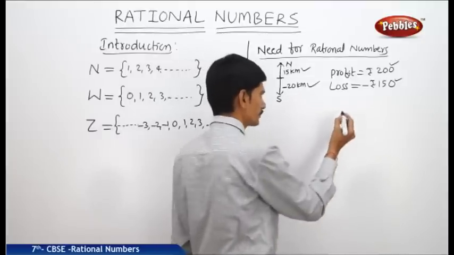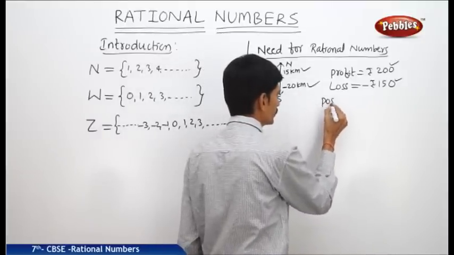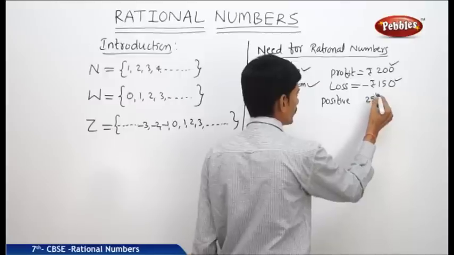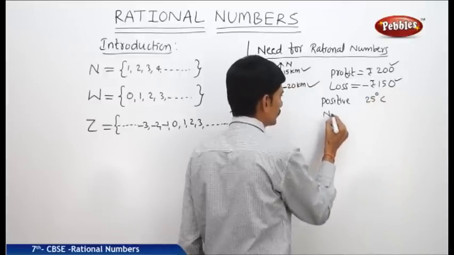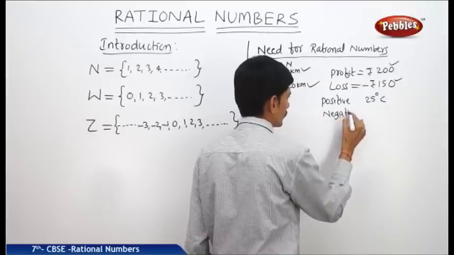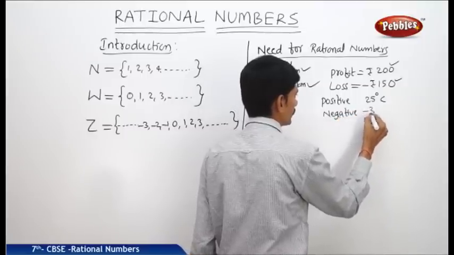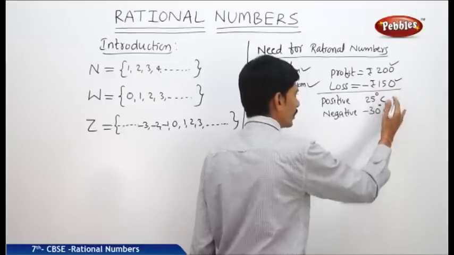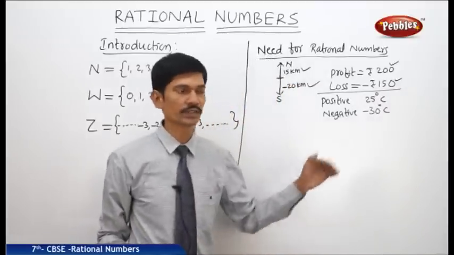For example, a positive temperature 25 degrees centigrade, then a negative temperature, for example minus 30 degrees centigrade. So here also we have one positive integer and another negative integer.